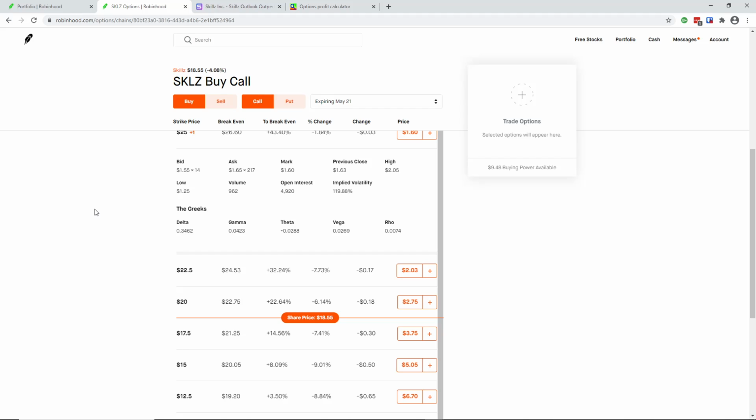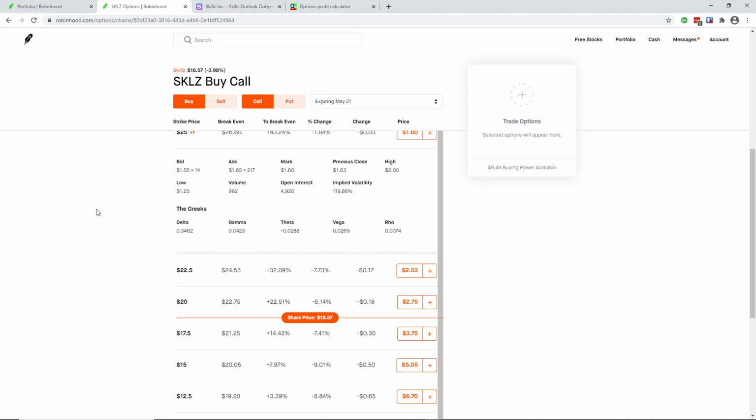That's why you see theta is negative. Vega is tied to implied volatility. If it goes up by one, then you've made $2. And those are the typical ones, the main ones I pay attention to.